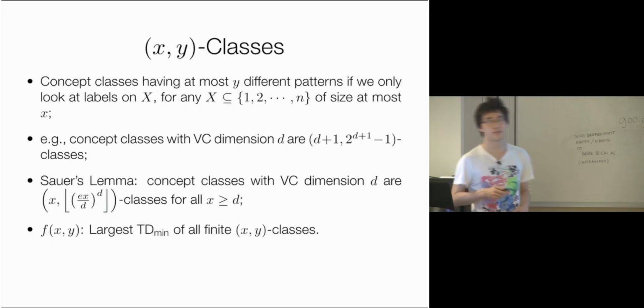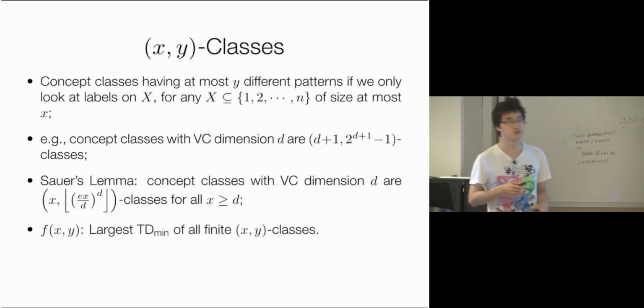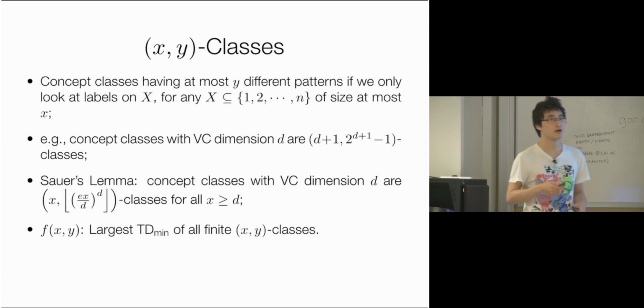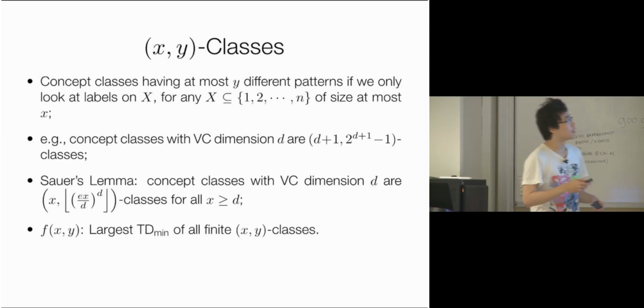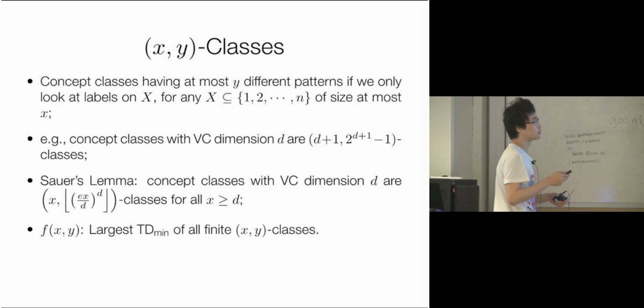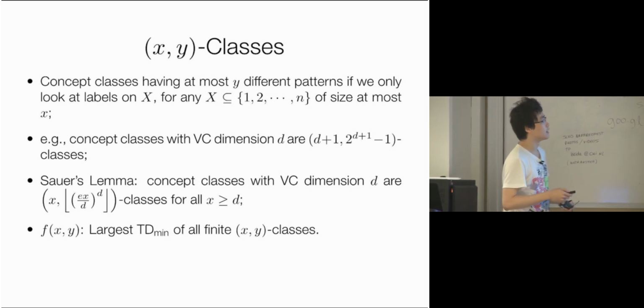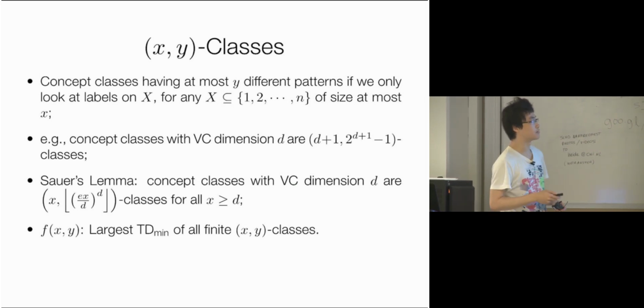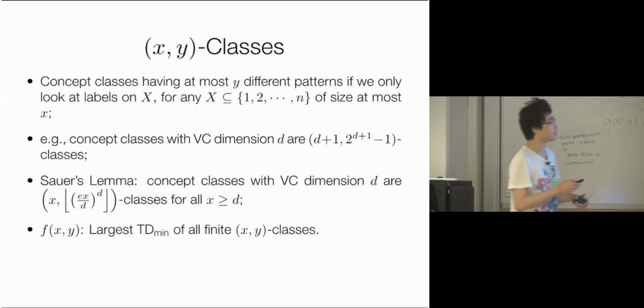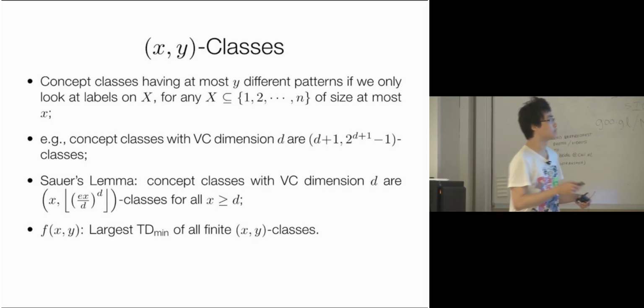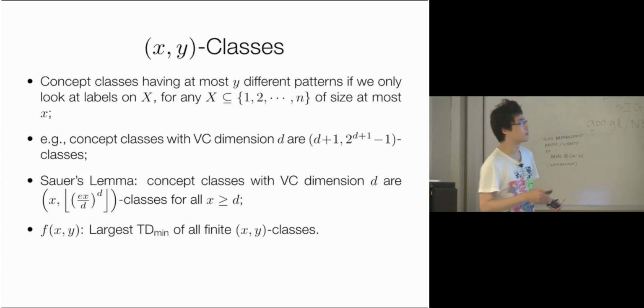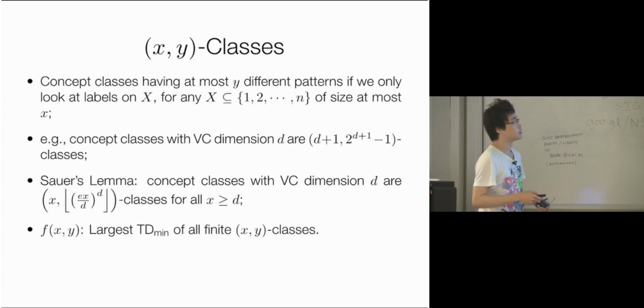The main technique we use is to generalize the definition of VC dimension a little bit. We define (x,y) classes as the concept classes having at most y different patterns if we only look at labels on X, where X is chosen as a subset of size at most x.